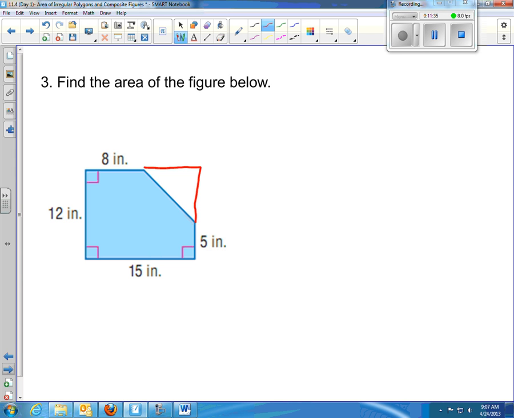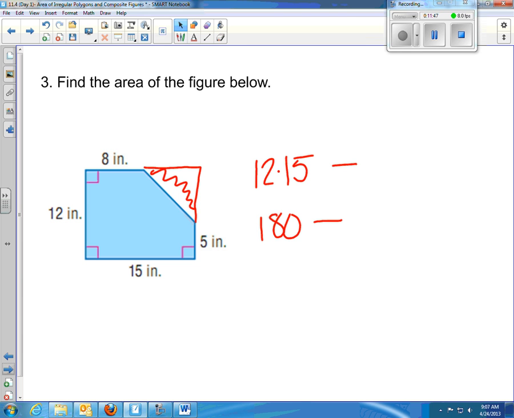So now I'm going to take my rectangle, which is base times height, so 12 times 15, and we get 180 for that, and we're going to minus out this triangle area here. So for this triangle, we need base and height. Well, I know from here to here is 5, and that this whole thing is going to be 12. So if we take 12 minus 5, we find this to have a height of 7.